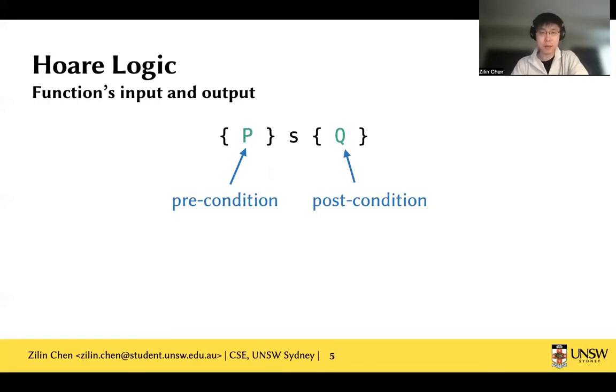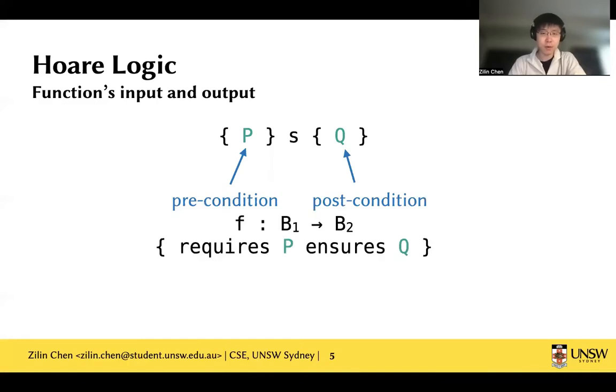If we represent this Hoare triple in such a language, we can roughly write it as the following. For a function from type B1 to B2 requires P ensures Q. What it means is that the argument has to satisfy the assertion P, and the result of this function needs to satisfy the assertion Q.